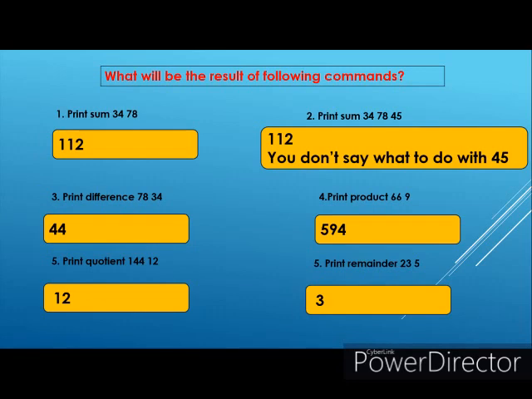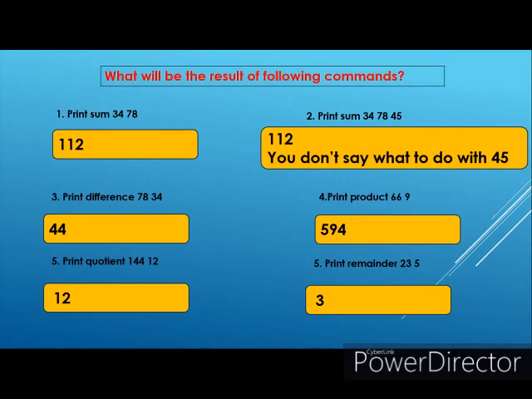The result is 594. Okay, and fifth one, print quotient 144 12. The result is 12. When we divide 144 by 12, we will get 12 as answer.